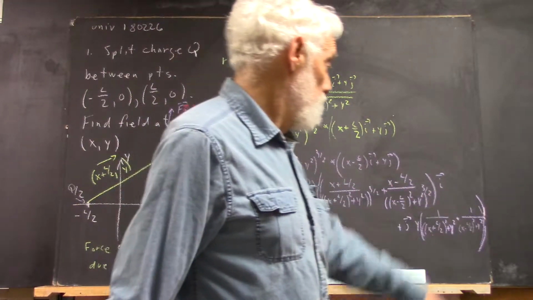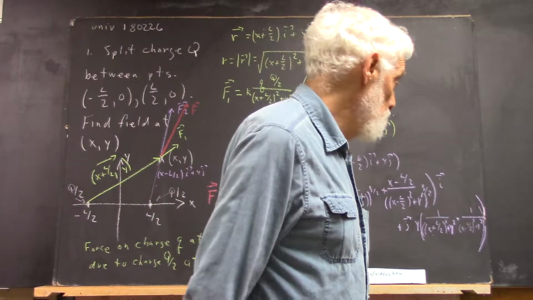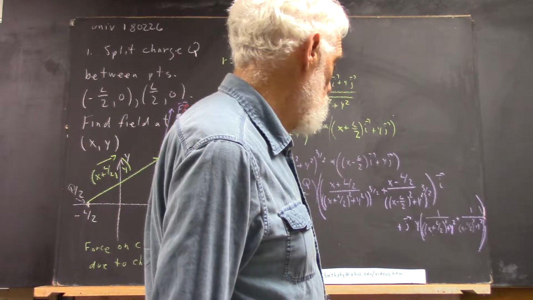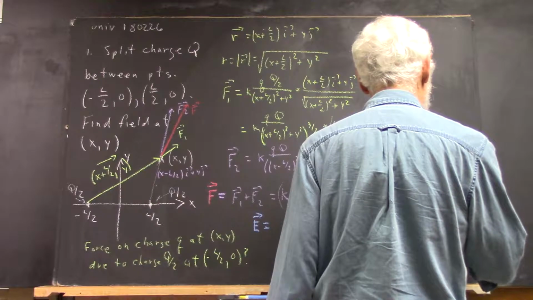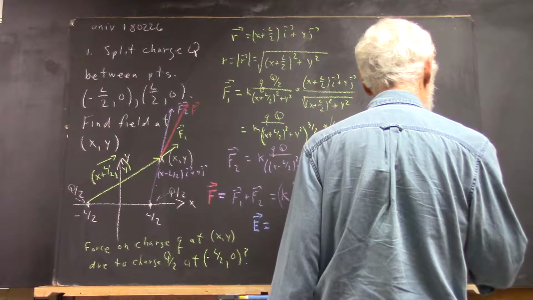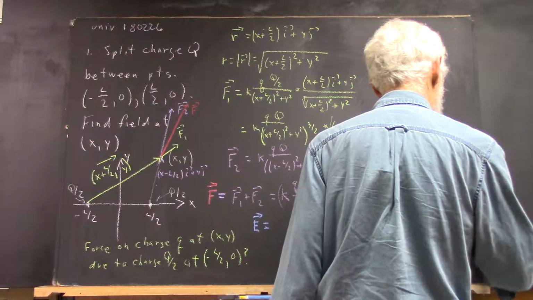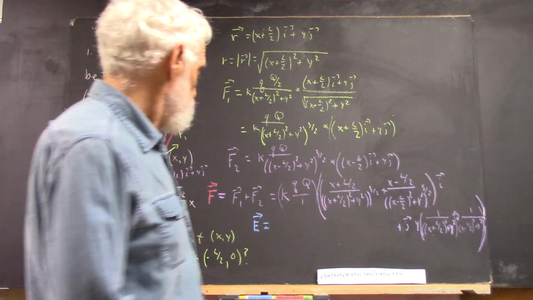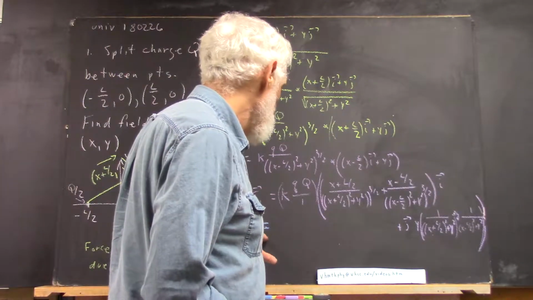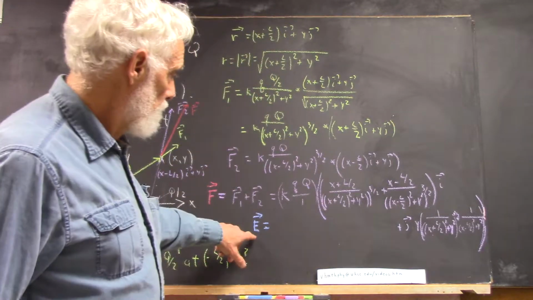Well, that's kind of a big expression. You hope you don't have to do too much with it, but you might. And also we have 3/2 powers on these things, and I don't have room for 3/2 there, but you understand what should go there. I'll write it out correctly when I write it out for the electric field.